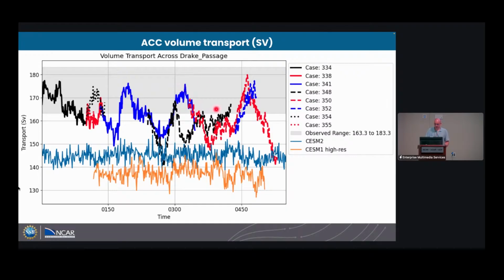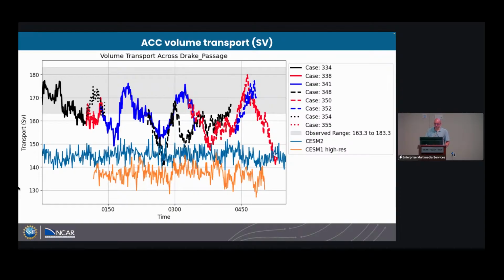The other run that we were very hopeful of was 350, the dashed red, which suddenly gave a huge jump of almost 40 Sverdrups. So I stopped that run over the weekend. It's no longer viable. And you might say, why does it matter that it's oscillating?